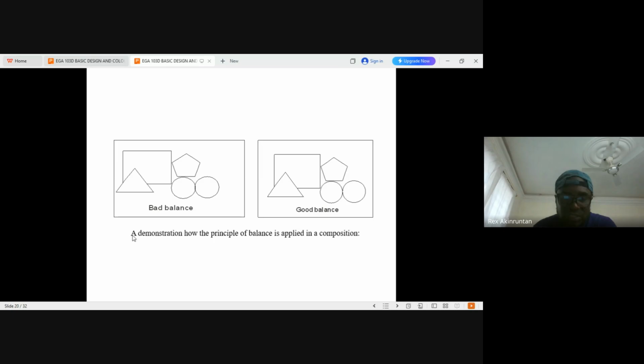So this is a typical image display of what we're talking about. When you look at the surface of this drawing, you notice that the shapes have been grouped in a way that it has shifted from the layout surface of the paper, leaving that space there hanging and fluid.